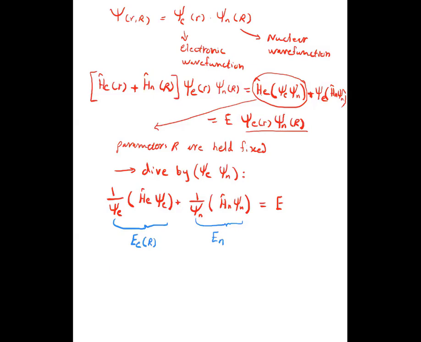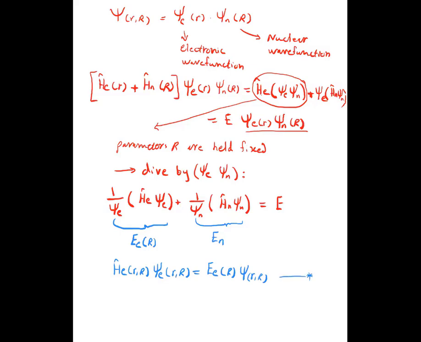The first one will be the electronic Hamiltonian with respect to R, which acts over the electronic wave function psi e of R, equal to E electronic energy with respect to R and psi of R. So that's the first equation, and that's what we call the electronic Schrödinger equation.